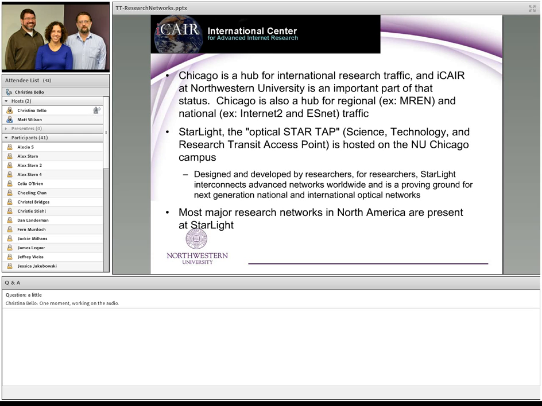As I mentioned before, MREN is a regional network in Chicago, and most major research networks in North America are present at StarLight or in Chicago. So the fact that we have StarLight, the optical star tap, on the NU Chicago campus creates a resource that is very easy for us to take advantage of. And it provides a modern, high-speed network dedicated for researchers and research traffic.